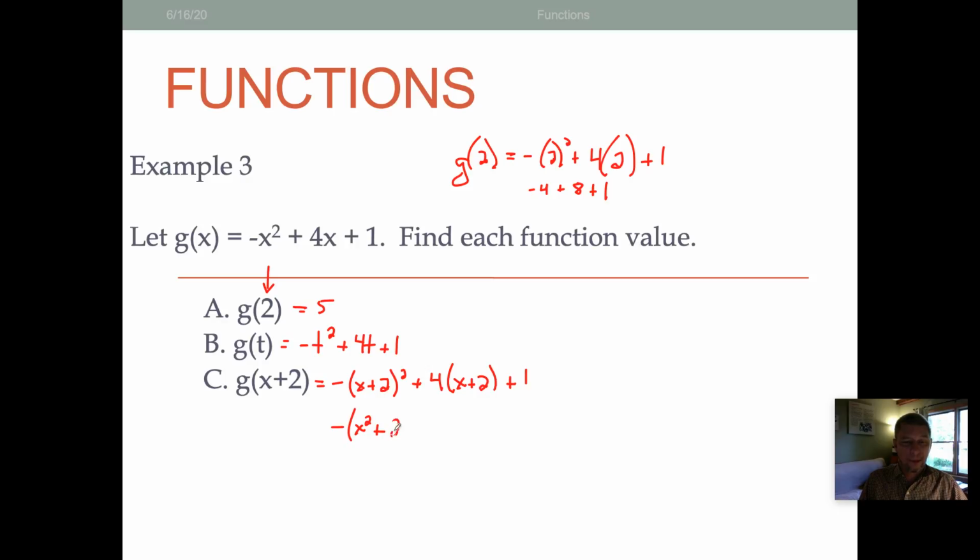So 2 times x plus 2 times x, we'll add those to get 4x, plus 4. Now, 4 times x, of course, is 4x, and 4 times 2 is 8, and plus 1 is just plus 1.